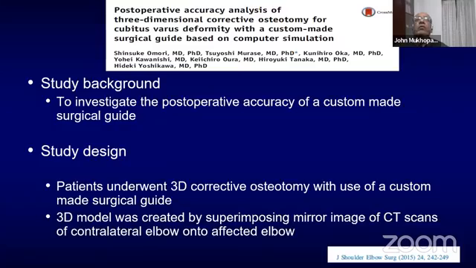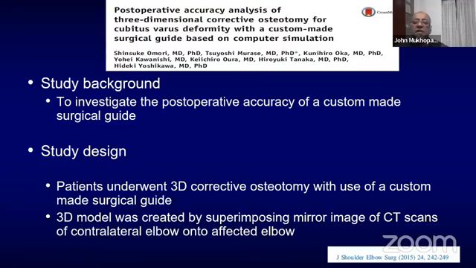Now, more recently, we've come to the idea of 3D modeling and 3D designed jigs, where you have a jig which allows you to cut the bone as it's supposed to be cut, as well as specially designed plates to fix your osteotomy.